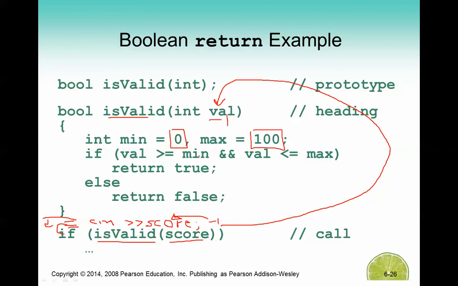So this is false, right? This one is going to be true. Value is less than or equal to max. That is correct. -1 is less than or equal to 100. So I have here a false and a true because this is and, what is the answer to all this? False. So everything is false.